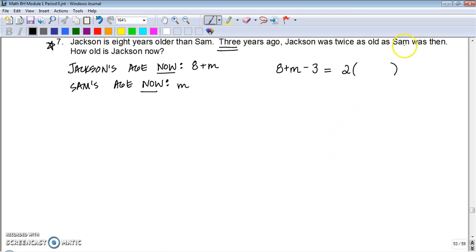And we're going to take Sam's age, reduce it by 3, and then double it, because we want to double Sam's age 3 years ago. We want to make sure that these parentheses include the minus 3 portion, that it is not outside. Okay, there's our equation for number 7, and I'll let you solve that.